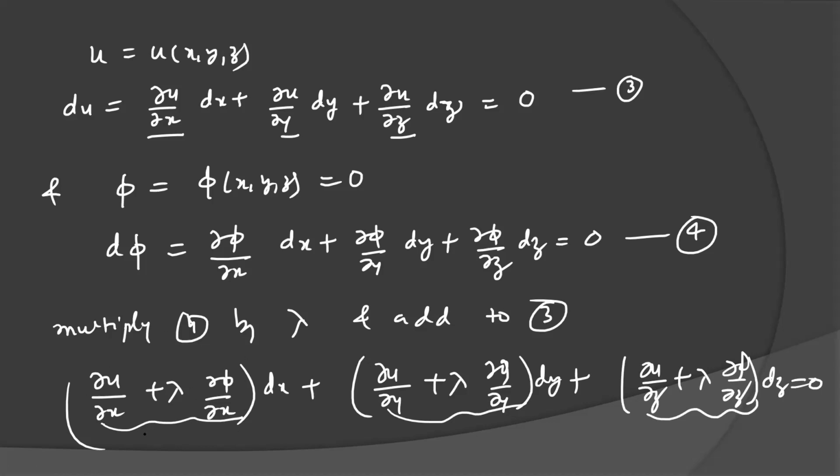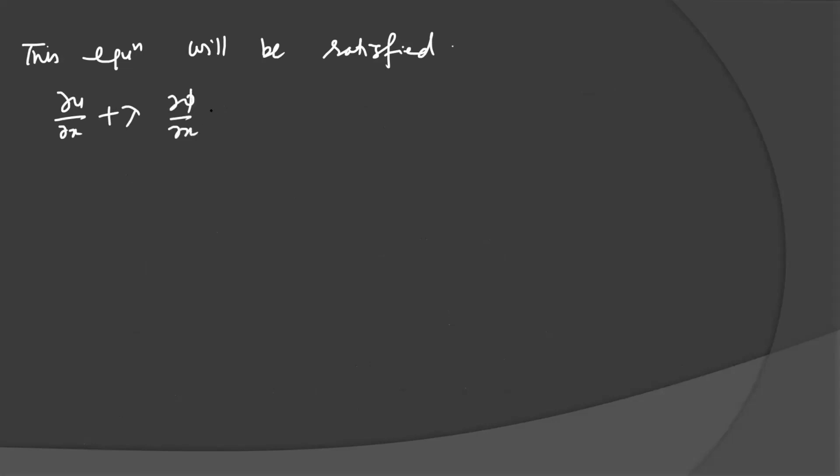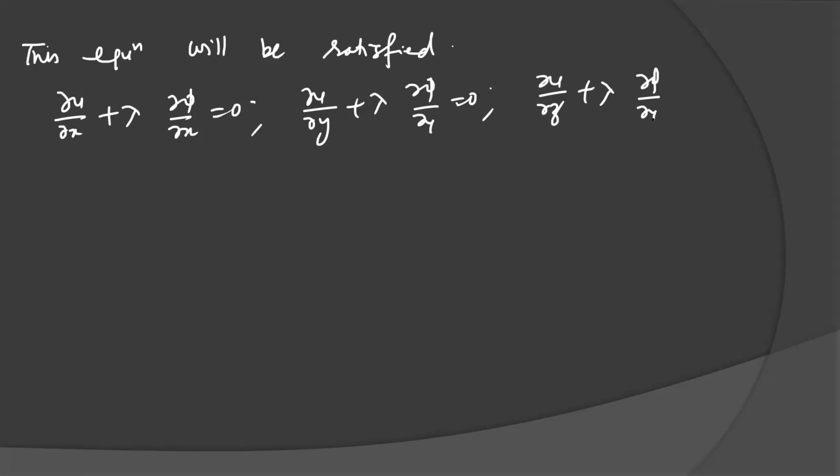And for the stationary point, these three terms must be equal to 0. This equation will be satisfied because both the total derivatives are 0, if del u by del x plus lambda del phi by del x equals 0, del u by del y plus lambda del phi by del y equals 0, and del u by del z plus lambda del phi by del z equals 0.